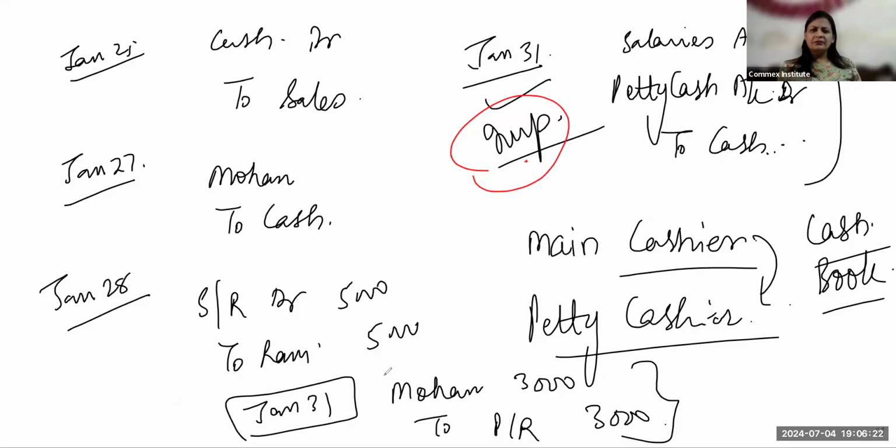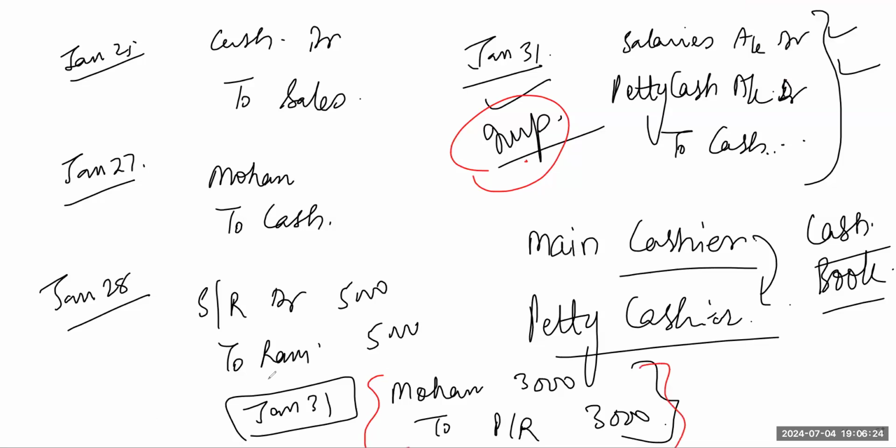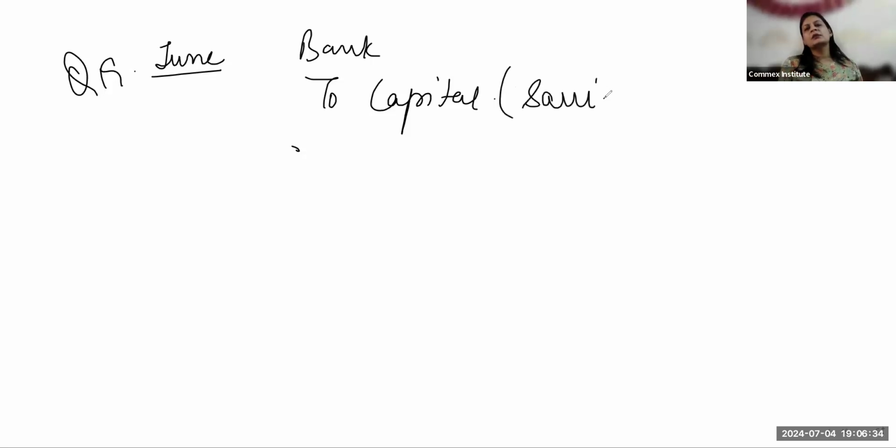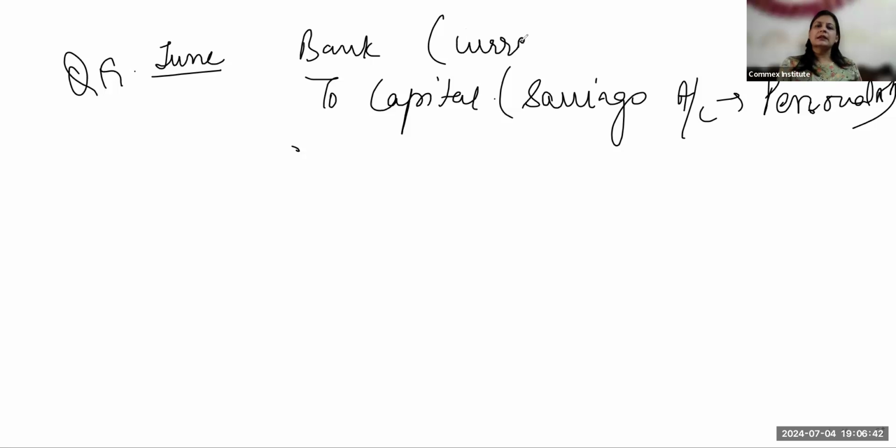Okay, so this is bank to capital. You see, the savings account is your personal account. And your current account is the bank account, the business account. Clear?